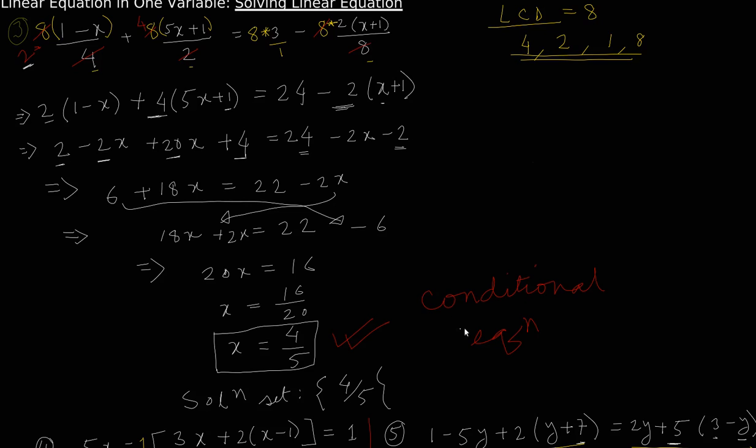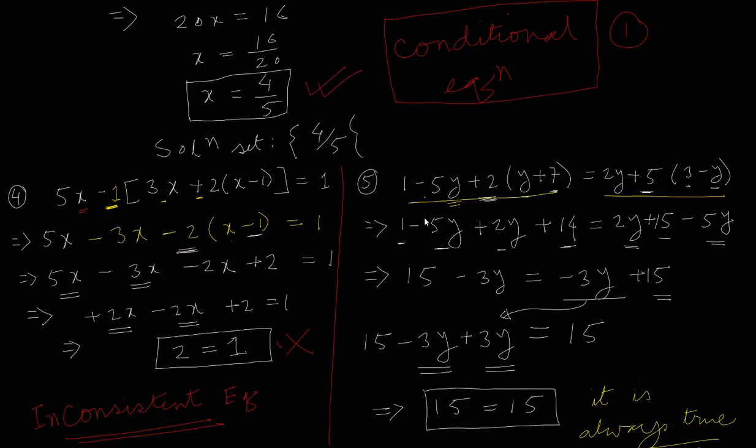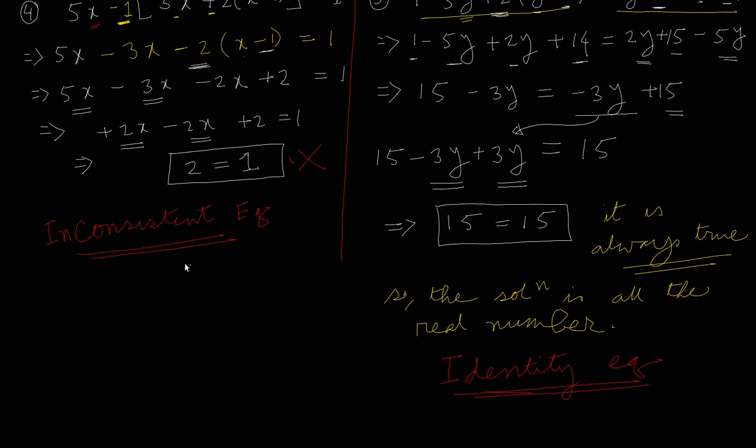So these are the three types of equation in linear equation. Number one is conditional equation, number two is inconsistent equation, and number three is identity equation. So these are some problems for this video. In the next video we are going to try to solve some applied problems.